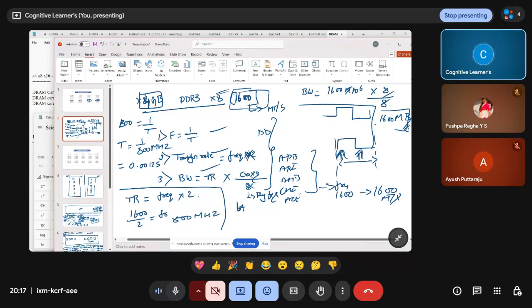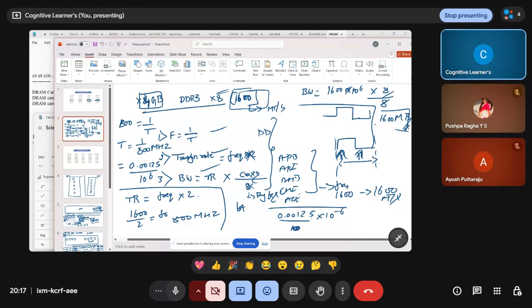0.00125 divided by mega, which is 10 power 6. Dividing by 10 power 6 means 10 power minus 6 in the time.